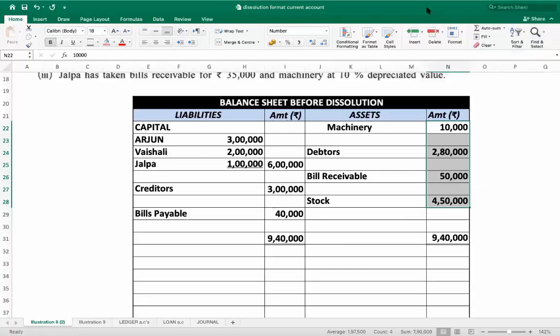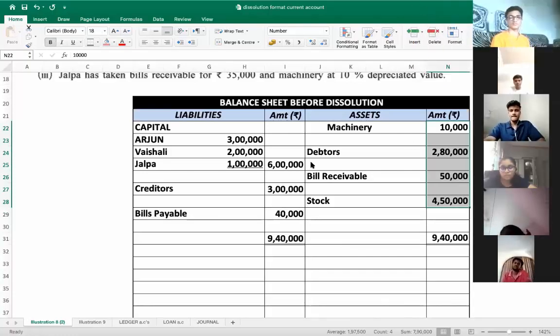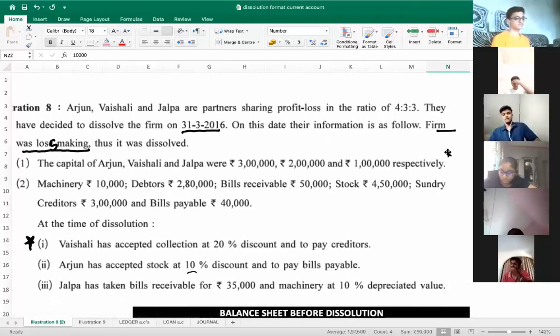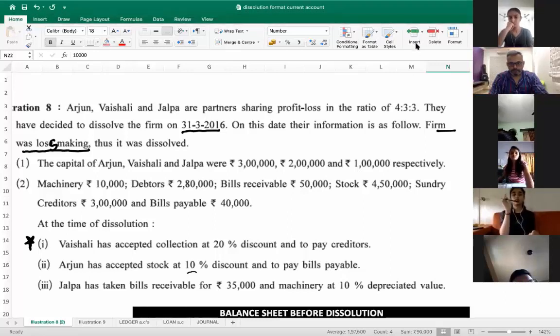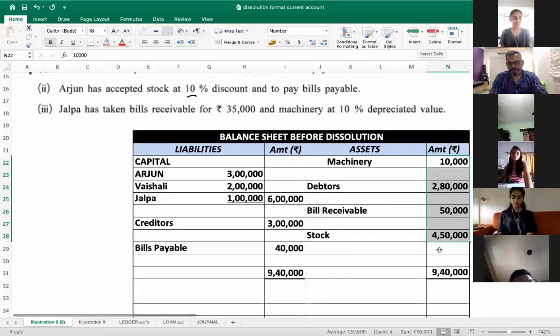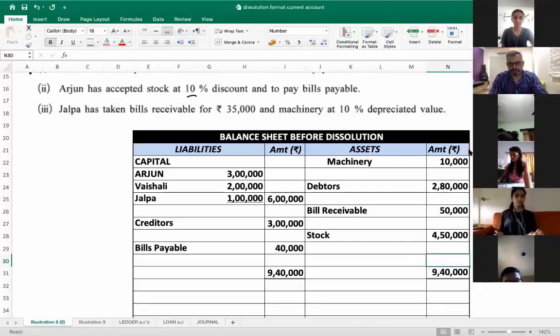So what is this difference of 1,50,000 on the asset side? Can you tell me? Realization? No, realization is the wrong answer. Loss. Who gave this answer? Astha, sir. How did you know that this is a loss? How will I know that the difference on the asset side is a loss? Where is it given?